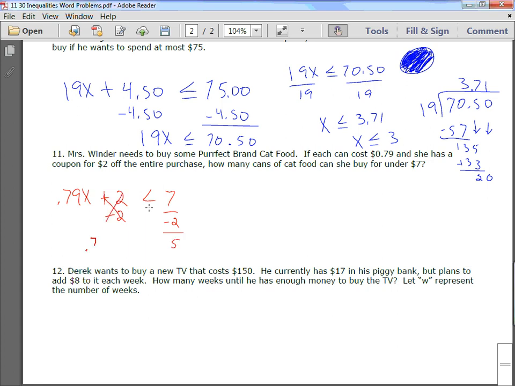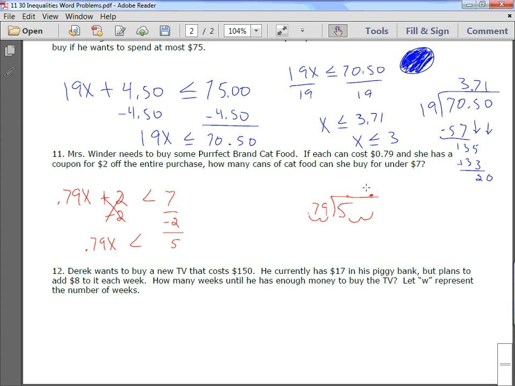When I divide 5 by 0.79, I move the decimal over twice, and I start with 6 into 500.